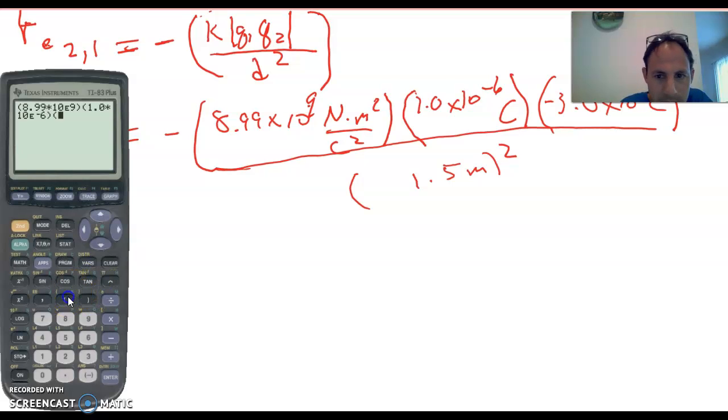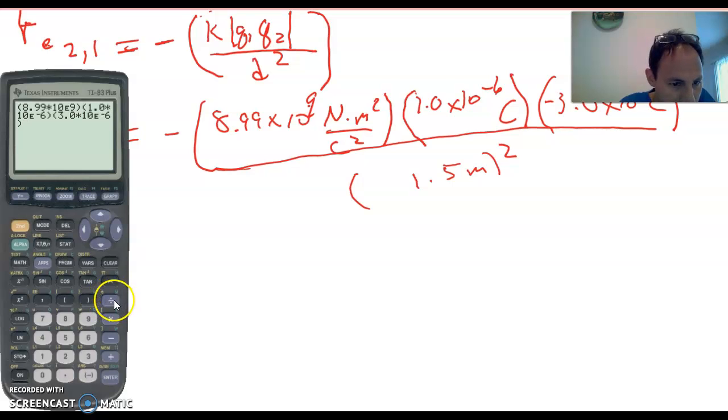And then we have to multiply it by that other charge. And remember, I'm just using the absolute values. I'm not putting in the negative signs here. 3.0 times 10, second function, double E, negative 6. So these we have to put in the negative signs, right? Because they're the exponents.